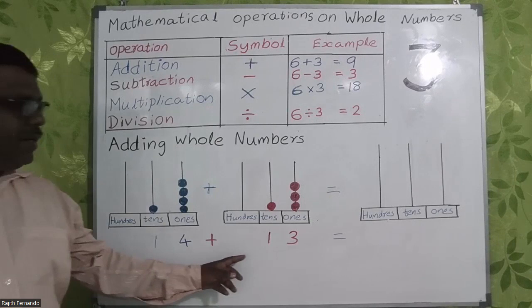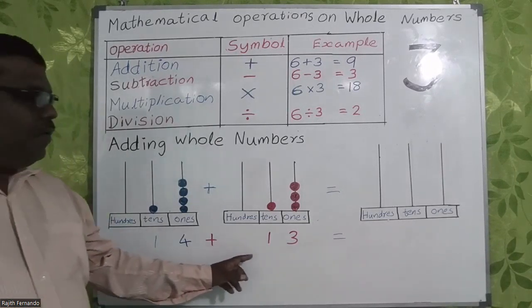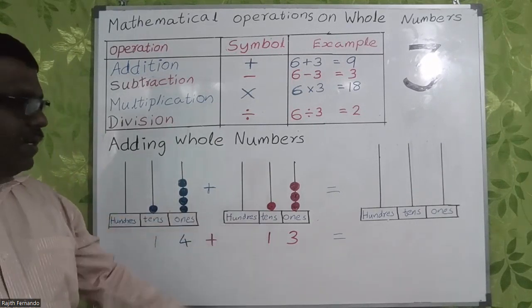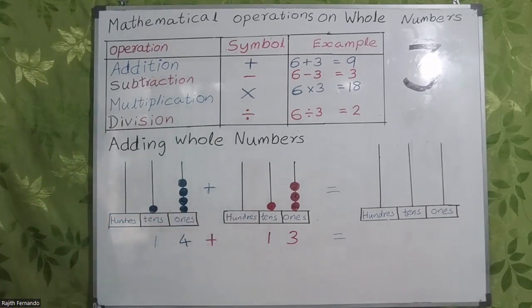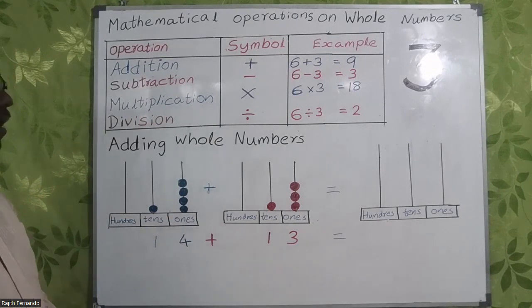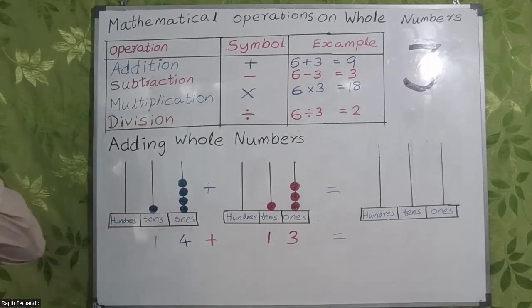And to represent 13, you have to put one ball in the tens place and three balls in the ones place. That is how you have to represent these 14 and 13 in the counting frames.